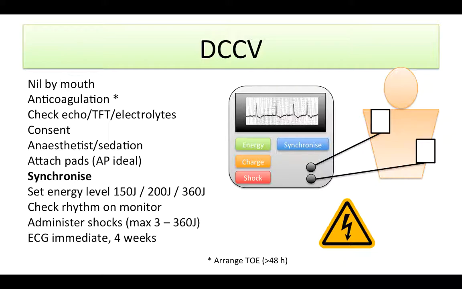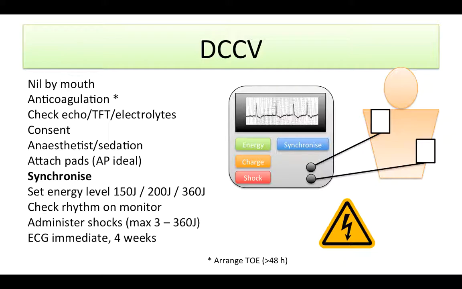I have to say, generally speaking, most cardioversions are pretty successful at the time of the cardioversion, but usually looking at around 40 to 50% recurrence of AF on follow-up.